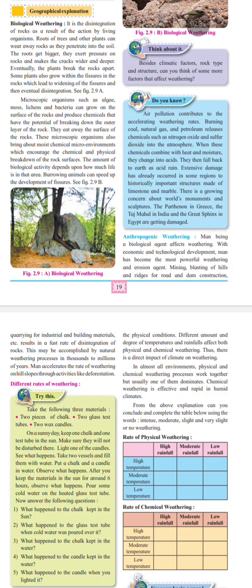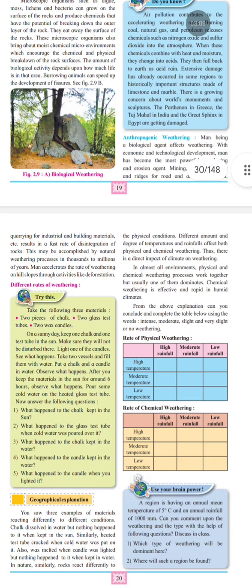Human activities such as mining, quarrying, blasting hills, road construction, dam construction, deforestation can rapidly break and loosen rocks. Normally some of these changes might take thousands or millions of years, but human activities can accelerate the process considerably. So remember this.